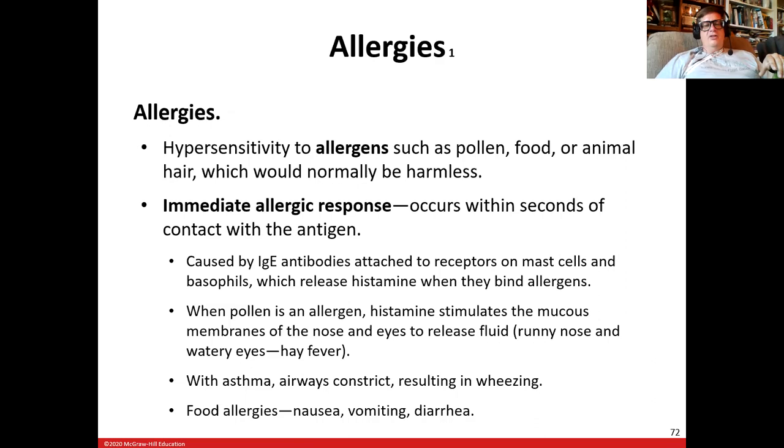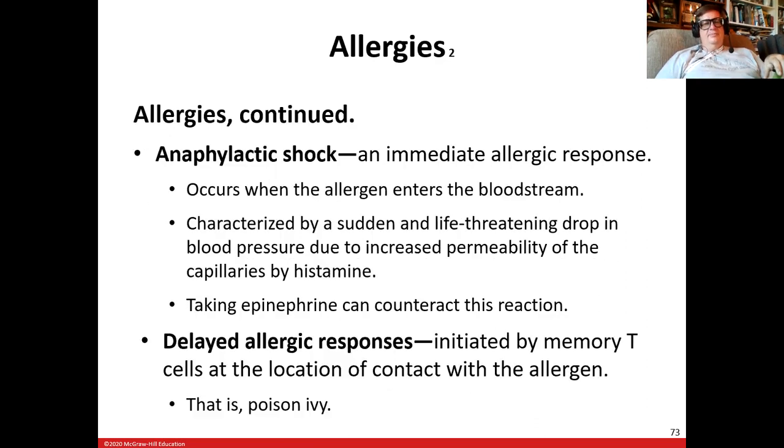All right, so if the pollen is an antigen, the histamine is going to make your mucous membranes run: runny nose, watery eyes, hay fever. You're trying to wash that stuff out. With asthma, your airways constrict and there's wheezing. Food allergies: nausea, vomiting, diarrhea. Like I said, things like a peanut allergy are super, super bad.